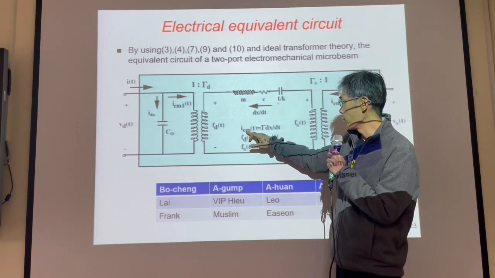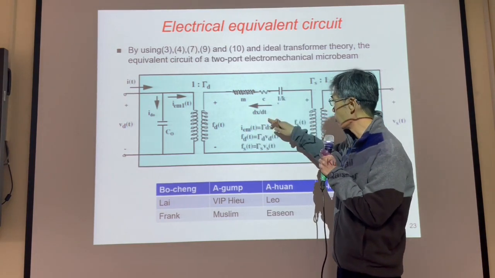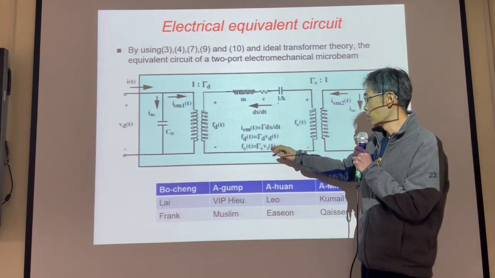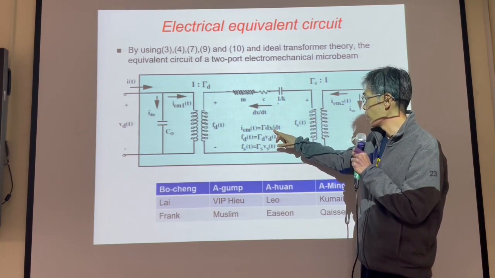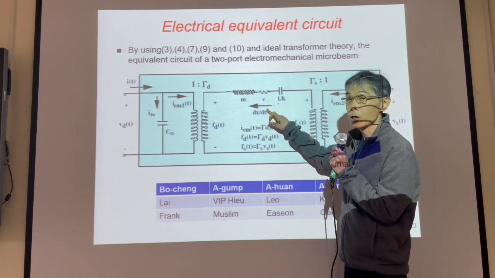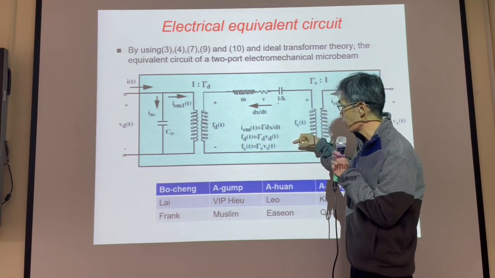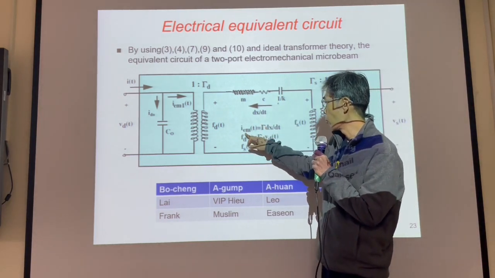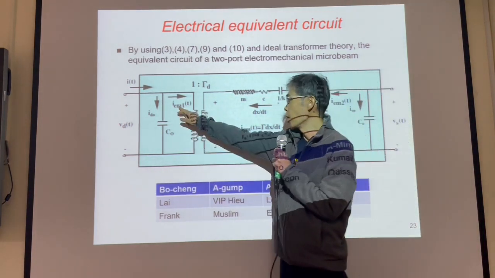And IEM, the electromechanical current, along this circuit. dx/dt is the current, the velocity. This is the current of this circuit, and this current times gamma will be the electromechanical current, IEM1.